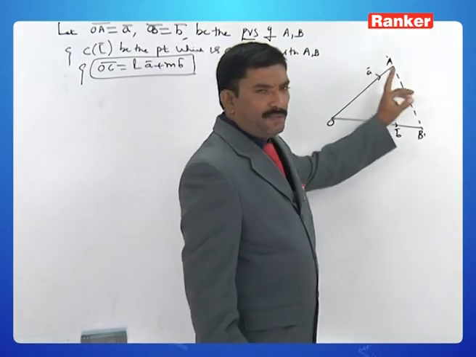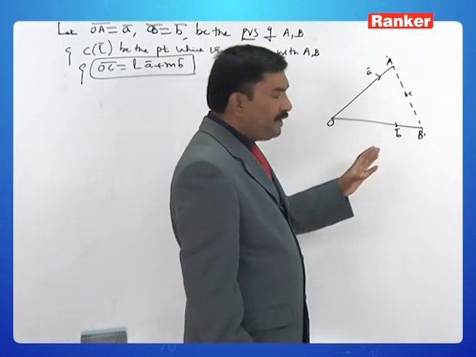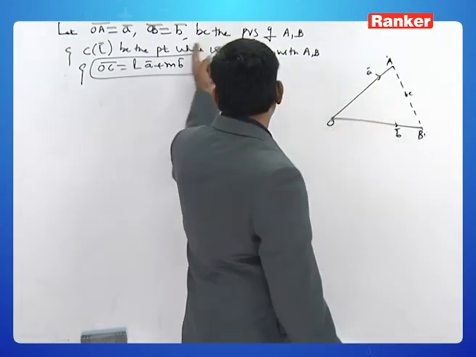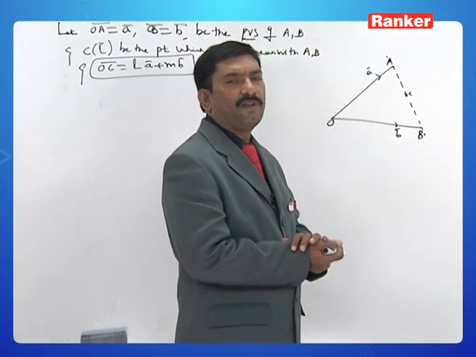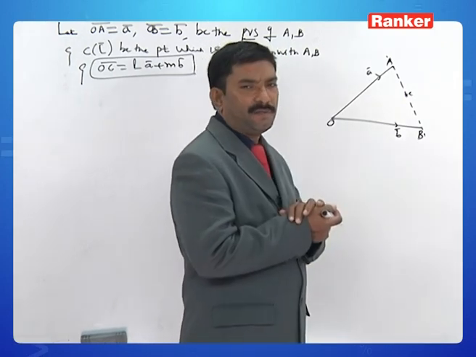C may be collinear with this, means when it is collinear you can express like this. But he gives under different concepts, different conditions.